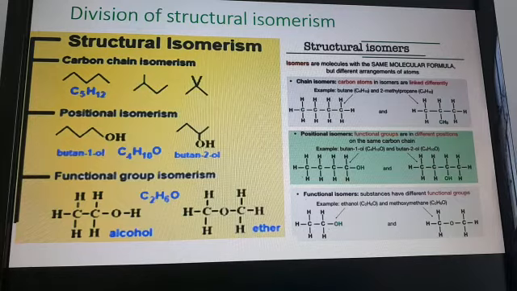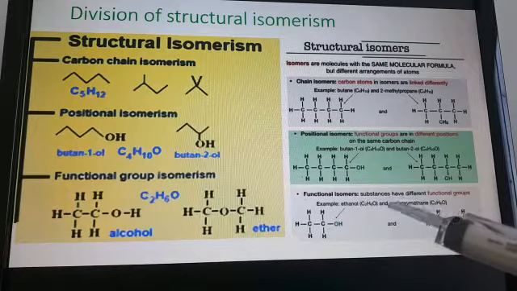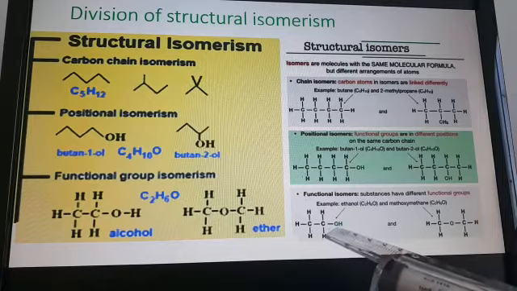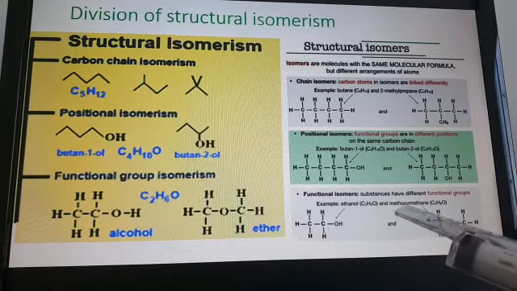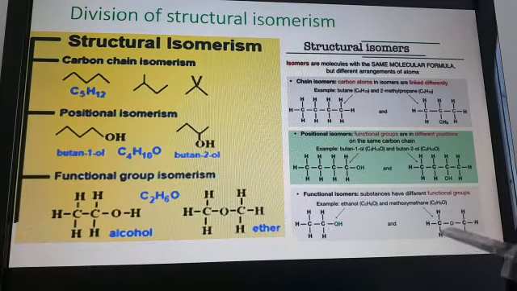Next one is functional isomerism. In functional group isomerism, the isomers are more different than in the types of isomerism considered before. Compounds that contain a different functional group often have very different reactions. Here the substances have different functional groups. Example, ethanol, where the alcoholic OH group is there, and methoxymethane, both C2H6O. Here the functional group is different.